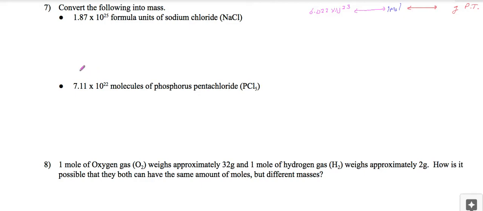So in this case, we're going to be starting with our formula units, which is, again, one of the particles. We have atoms, molecules, formula units. Starting with formula units, we're going to then go to a mass. So the first thing we have to do is convert to moles, and then we convert to a mass.